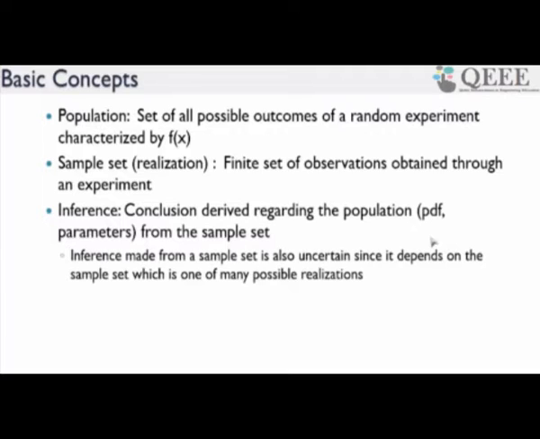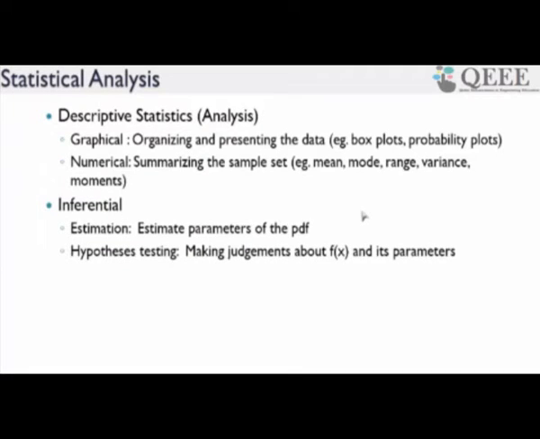So for this you need what is called sample statistics. There are two types of sample statistics. One is called descriptive statistics, where you could basically do these things in a very graphical fashion. You can organize and present data in terms of box plots, probability plots and so on. Or you could do it numerically in terms of a mean, mode, range, variance, moments and so on.